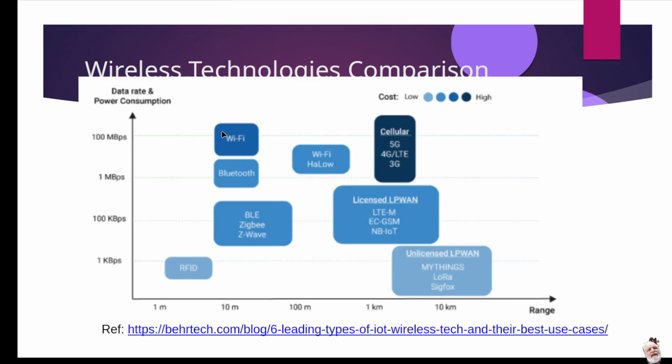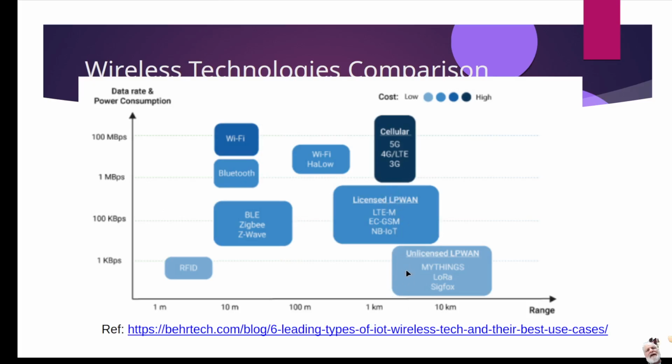So you have Wi-Fi up here at the top as far as speed, how much data you can send, but it's kind of low on distance. It's only good for a few meters, whereas cellular can send several miles.